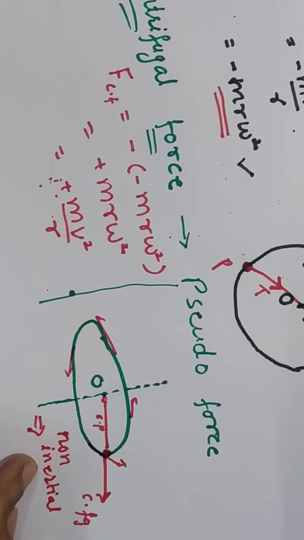A non-inertial frame of reference will not obey Newton's law of motion. That is why this force is considered a pseudo force. Any example of a centrifugal force that we are experiencing? This is the first example I have already given.